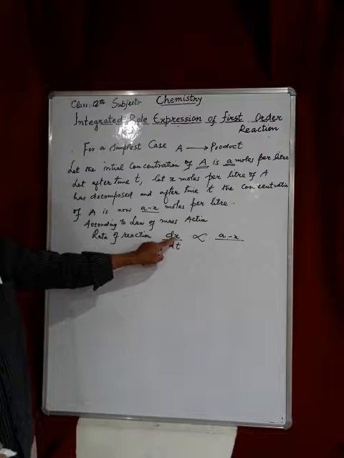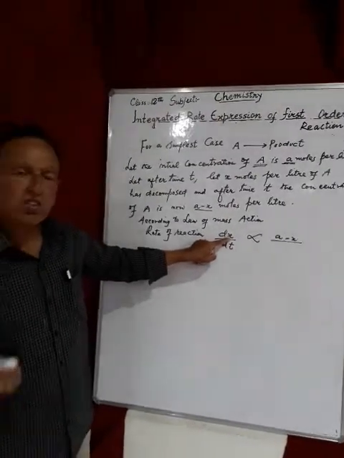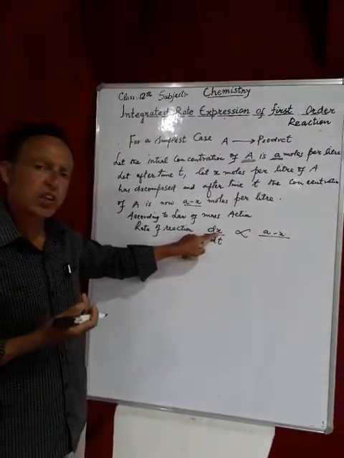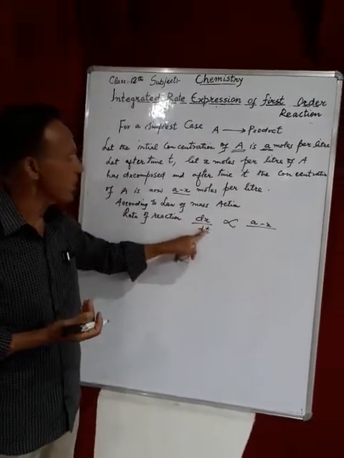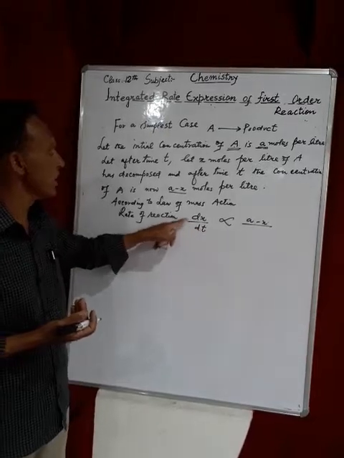Since x is the concentration of the product and the concentration of the product goes on increasing, the change in the concentration of the product with respect to time, that is dx by dt, determines the rate of reaction.